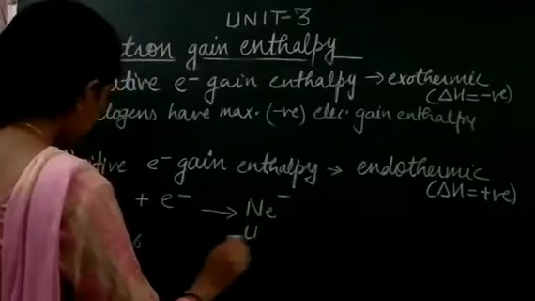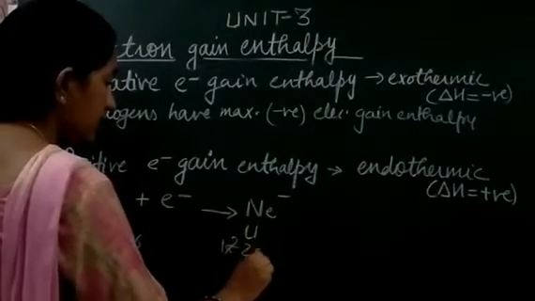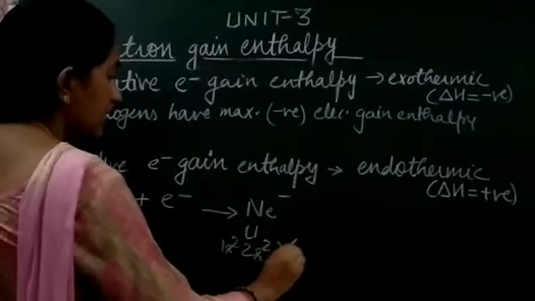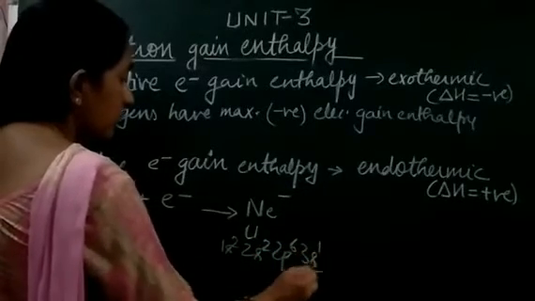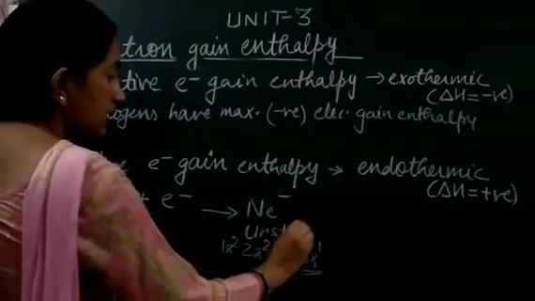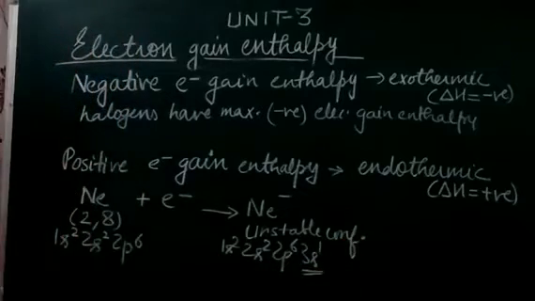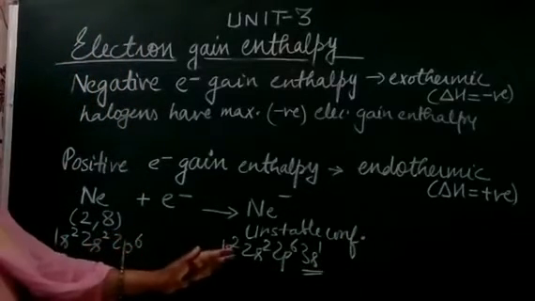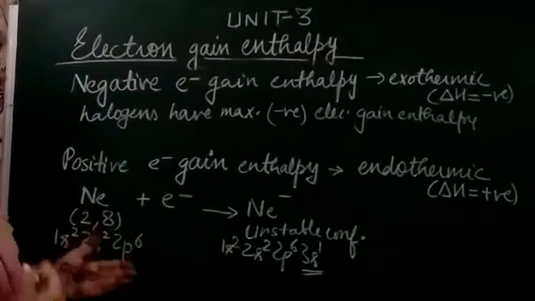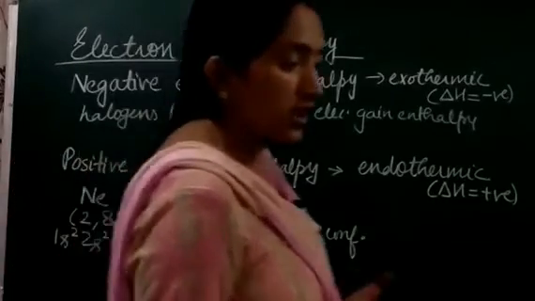The electron being added here is going to occupy this unstable configuration, right students? So to get an electron into the higher energy level, we have to give energy from outside.